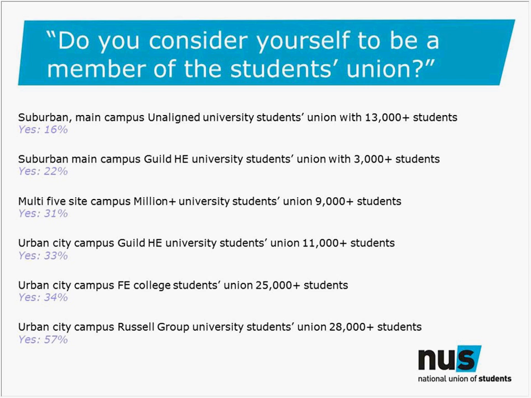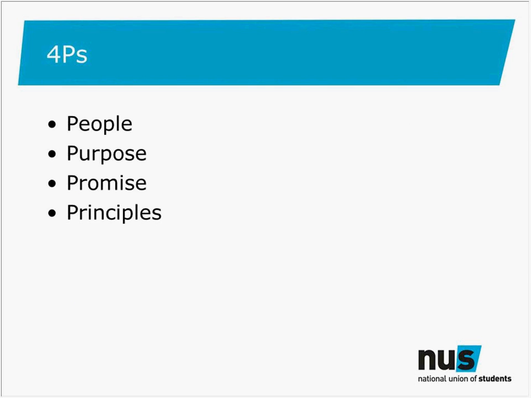You can use different language, because if we continue to use vision and values, then I think we're likely to create a strategic plan that speaks to our parent institutions as funders rather than our students as members.